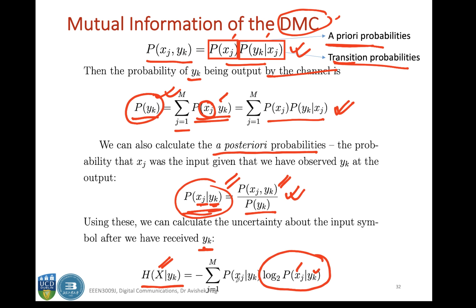Now if you use this weighted sum, by multiplying the same probabilities in front, you get the average information about the inputs xj given you observe yk, and this is the sum over all j. So this is the average information of all the inputs x given you observe any output yk.